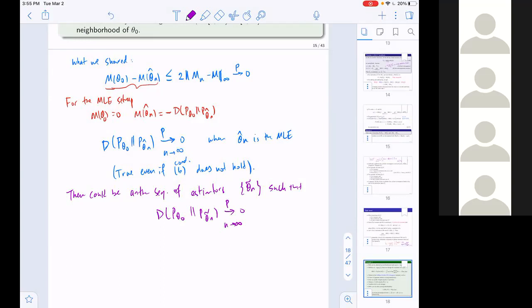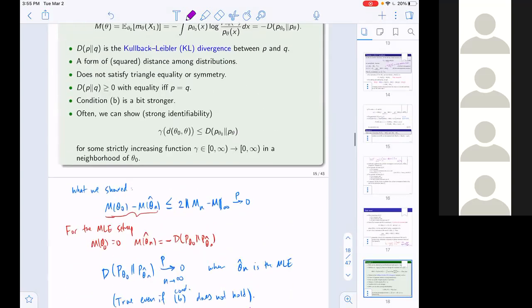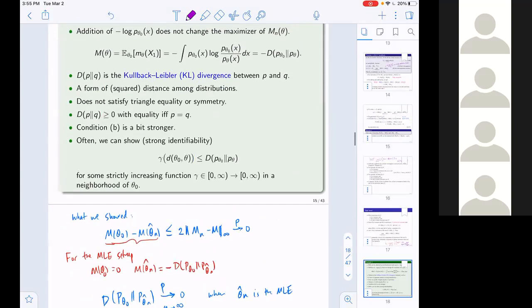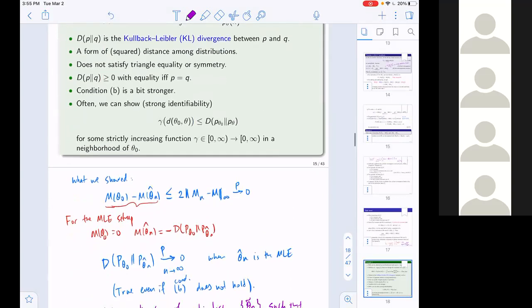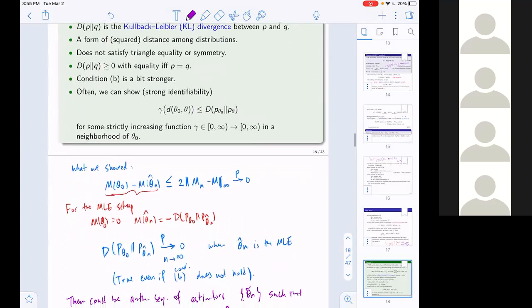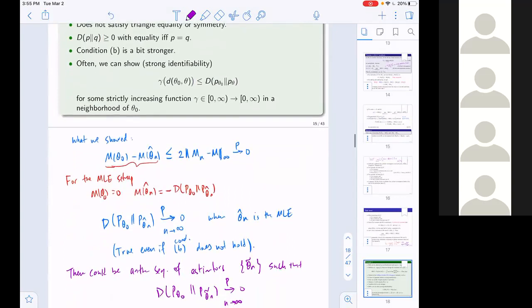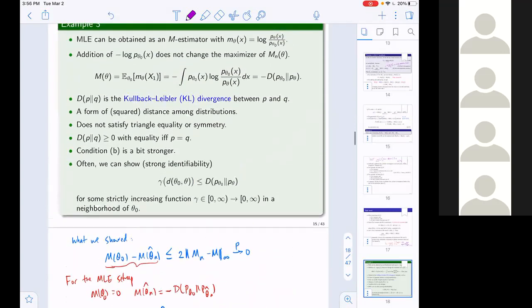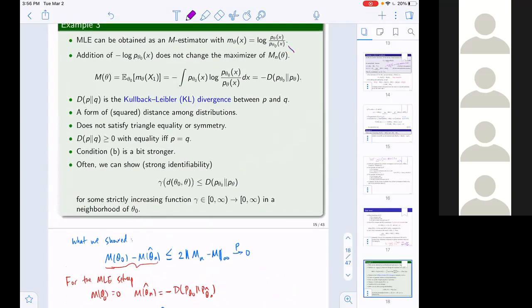I see. So basically the MLE is just one type of approach that can make the KL divergence go to 0, but it's not unique. It might not be necessary. Yeah. It's a good point. This is designed basically to minimize the KL divergence because of the way the M is constructed.